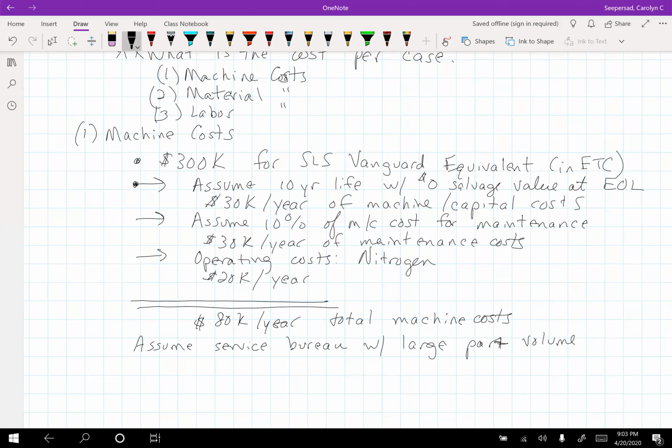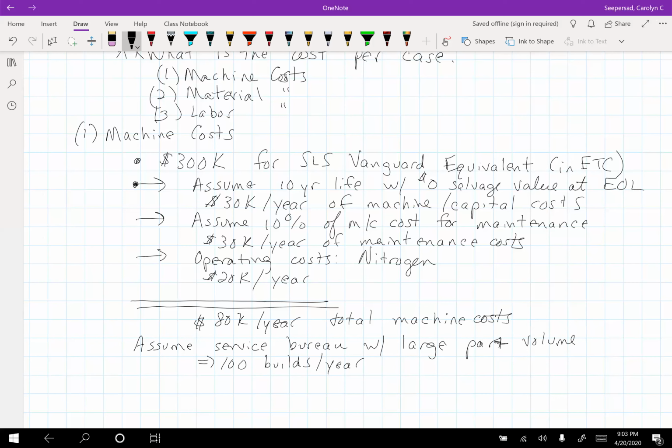Usually with a full build, it takes at least a couple of days to run a build and clear it out and get ready for another build. So if you're working on the machine and working in the facility 5 days a week, you probably should be able to run 2 builds a week. And let's assume it's down a couple of weeks for maintenance. These are fairly generous assumptions. That could give you 100 builds per year, right?